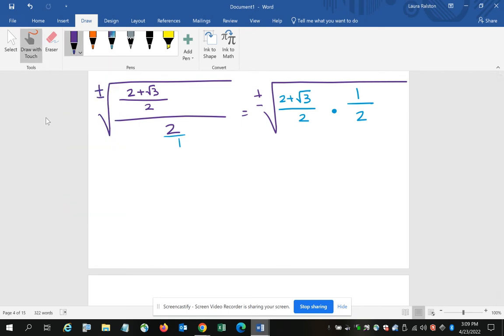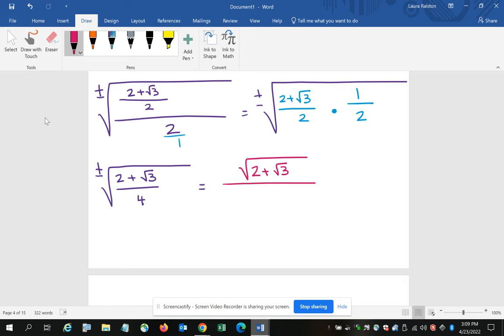You got to get the math going on. Plus or minus the square root of 2 plus square root 3. 1 times 2 is 2. 1 times square root 3 is square root 3. Over 2 times 2 is 4. And I am almost home free at that point because I'm going to break this apart. The square root of 2 plus the square root of 3 all over square root of 4, which is 2.